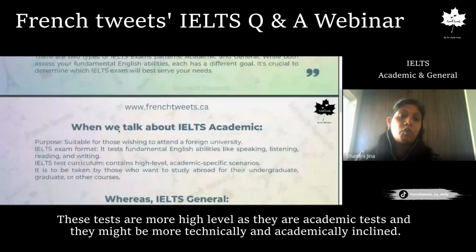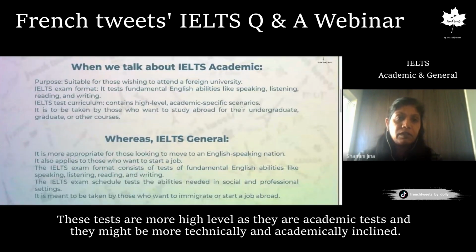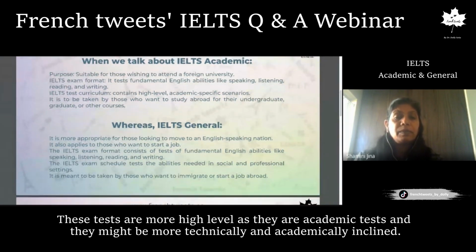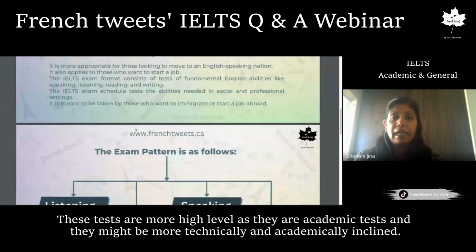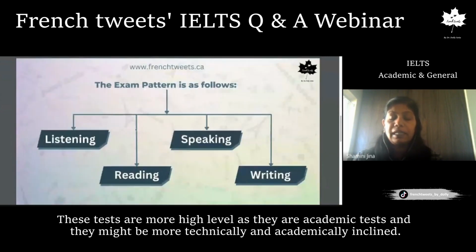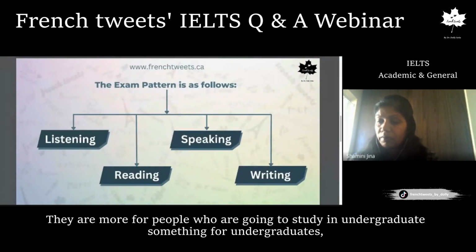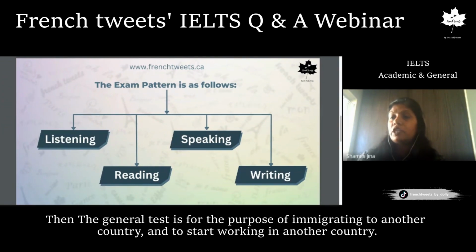These tests are more high level, as it is an academic test, and they might be more technical and academically inclined. They are more for people who are going to study at undergraduate level, right?